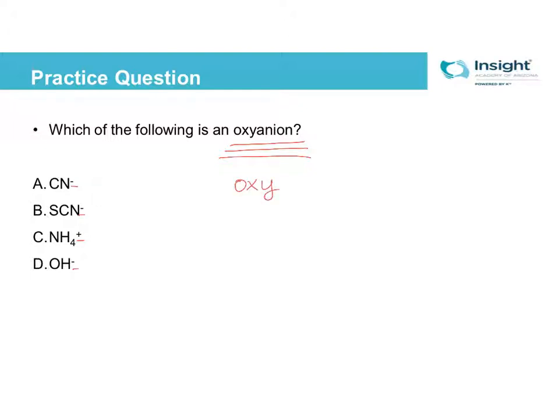We've got oxy. We've got anion. Anion, we know, means that it's going to have a negative charge. So from that alone, we can cross out ammonium. The other component is oxy, and that probably sounds a lot like oxygen. So the only one that has oxygen in there is D.